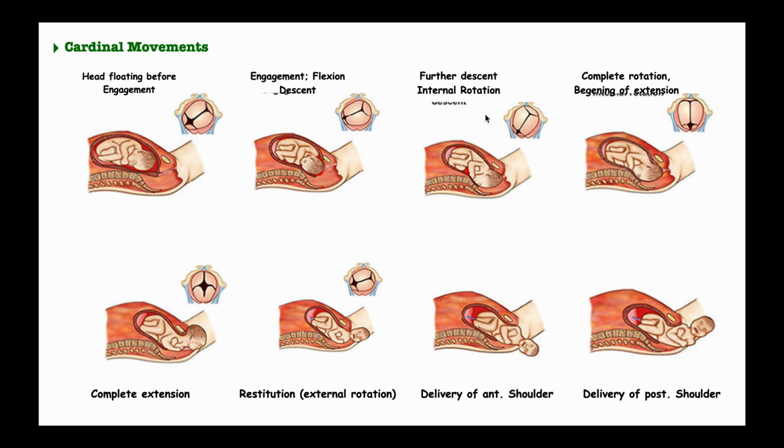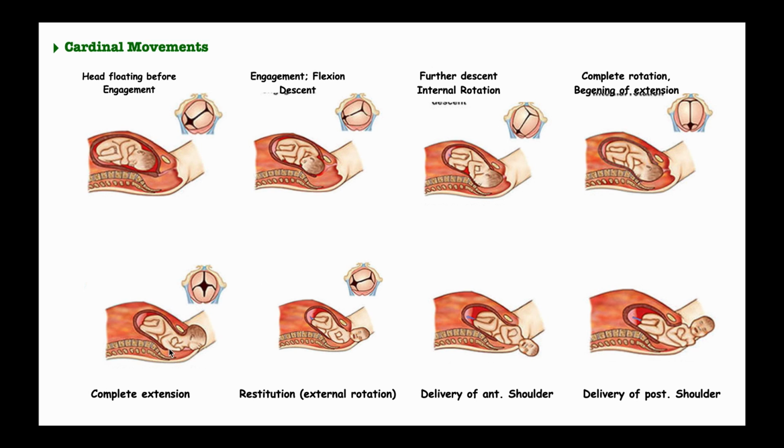So as you can see, it started from this diagram. It started rotating, gradually moving towards the symphysis pubis. And so over here, when rotation is completed, and during the beginning of flexion, you see that the occiput of the fetus is right under the symphysis pubis. And when this happens, rotation is complete.